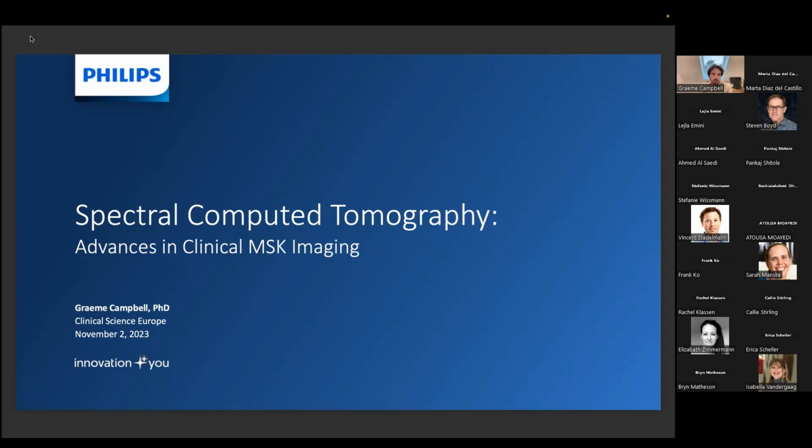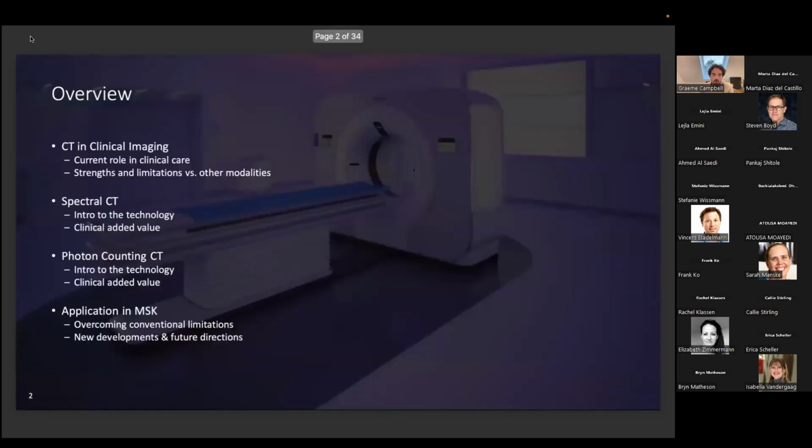But in particular, where I have a lot of interest is in spectral CT, and in particular with MSK. I think there are a lot of opportunities for MSK applications with this technology. So I would just like to talk a little bit about that today. So just how the clinical CT is working in the routine at the moment, and where we can go or where we are going with spectral CT.